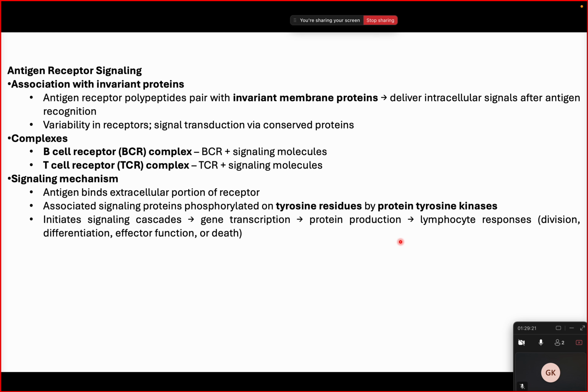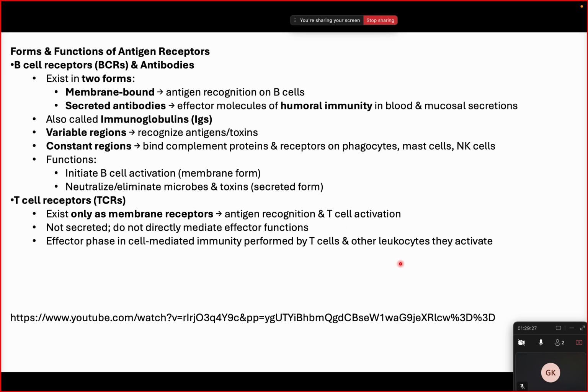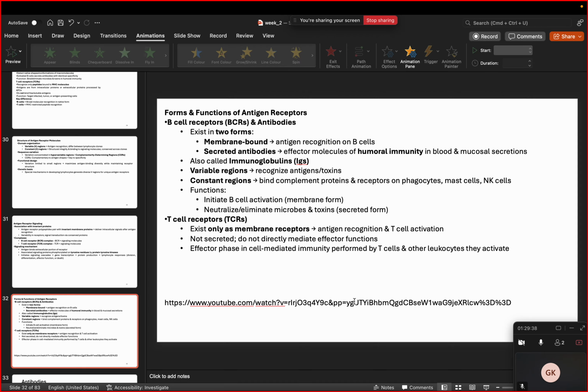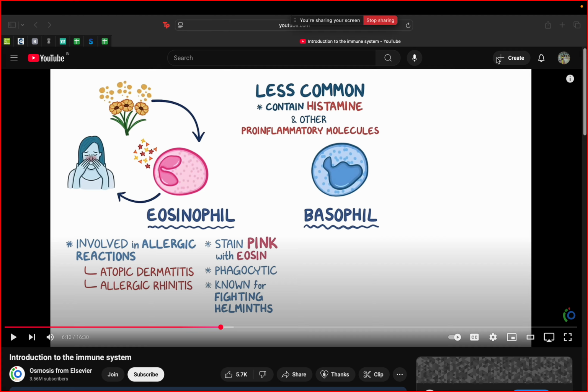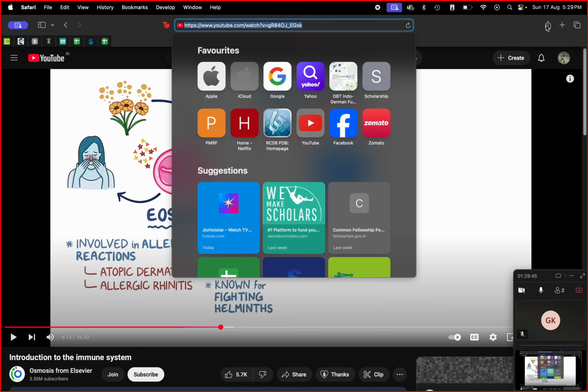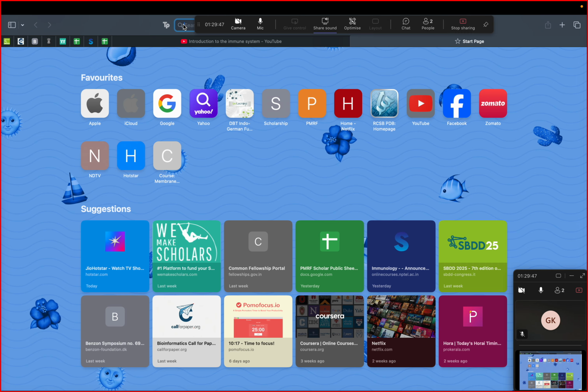And these signals are initiated because the surface receptor recognized something. Okay, and here something can be a pathogen as well as an MHC molecule which has the pathogen. Okay, so before going into the deep details of T cell receptors and B cell receptors, this is a brief overview of these receptors. So let me just play this for you guys.